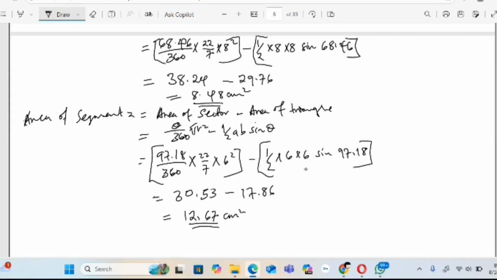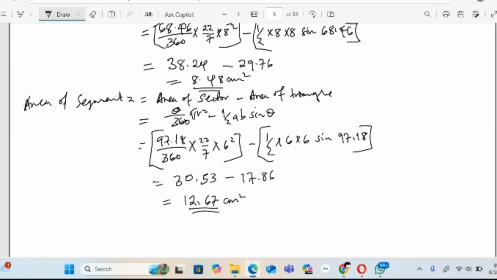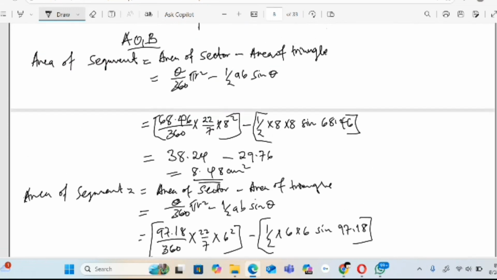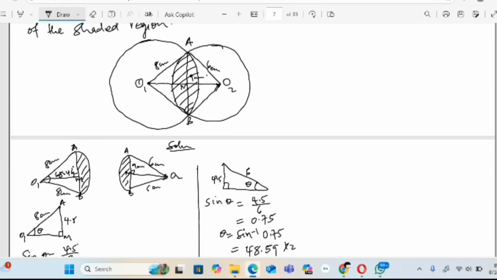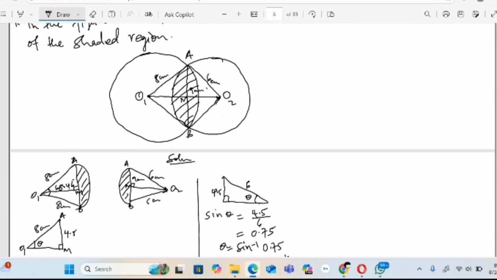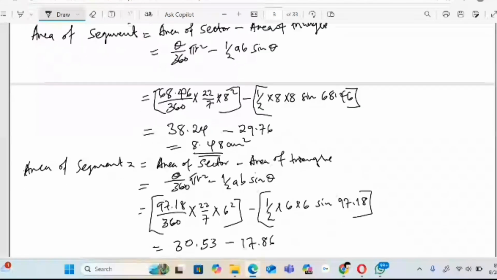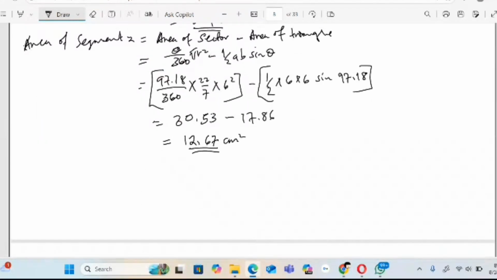The question was asking the area of the shaded region, the area of the whole shaded region, which is this one, and there are 2 segments, and we have the area of the 2 segments, so we simply add the 2. So area of shaded region is equal to area of segments.